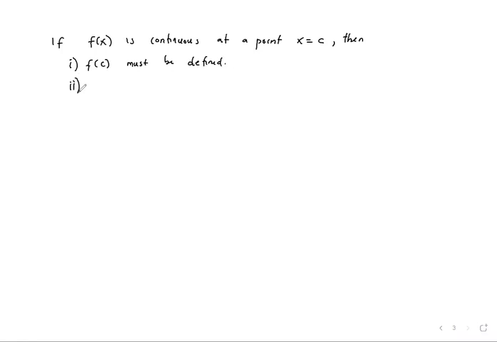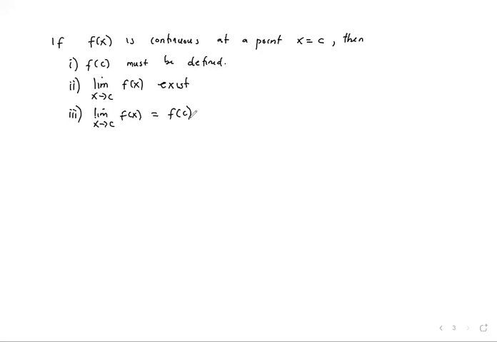2, the limit as x goes to c of f of x must exist. 3, the limit which exists as x goes to c of f of x should be the same as the value of f you got when you substituted c in part 1. In other words, part 1 and part 3 should give you the same solution.